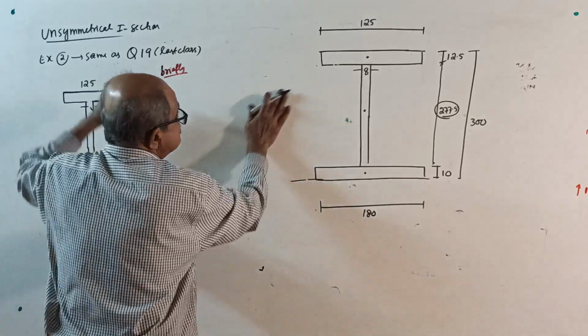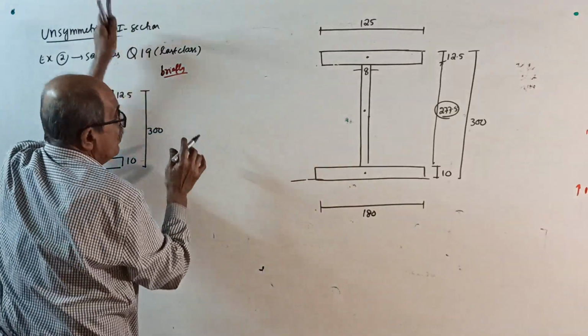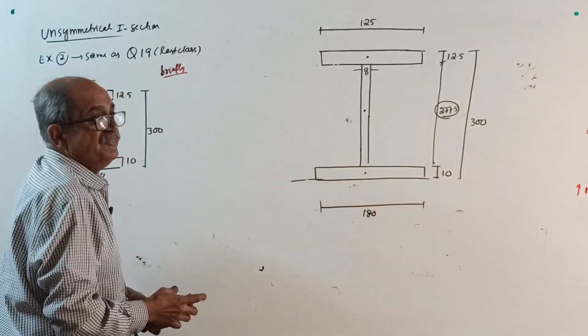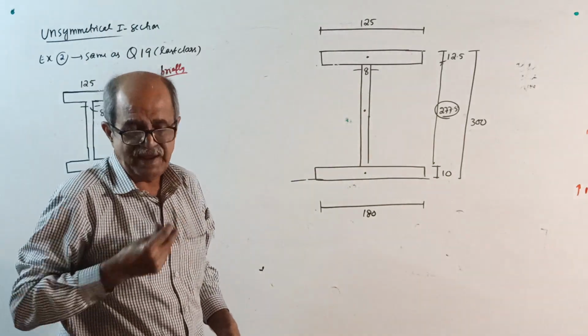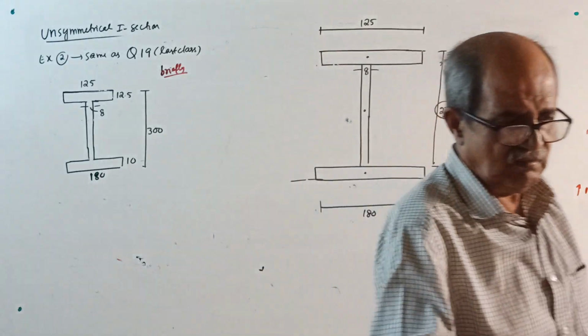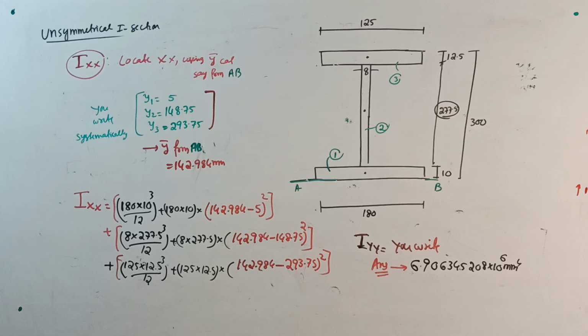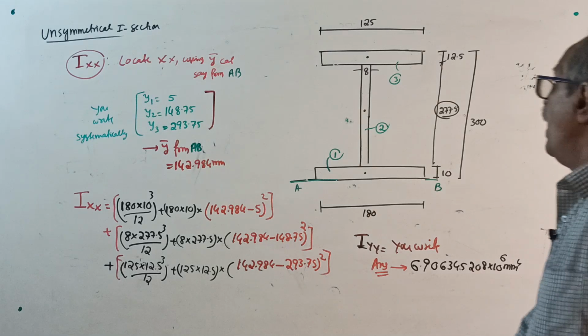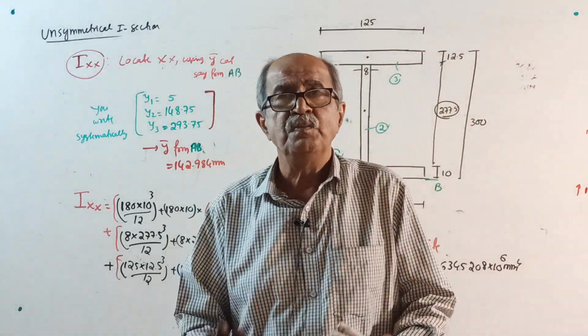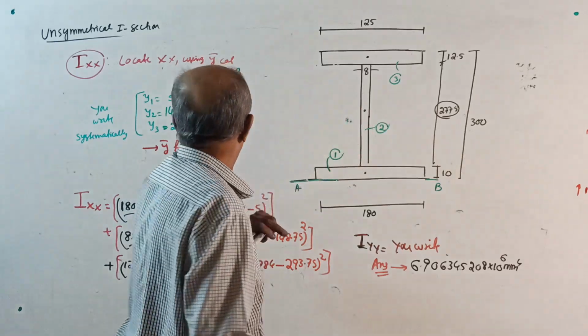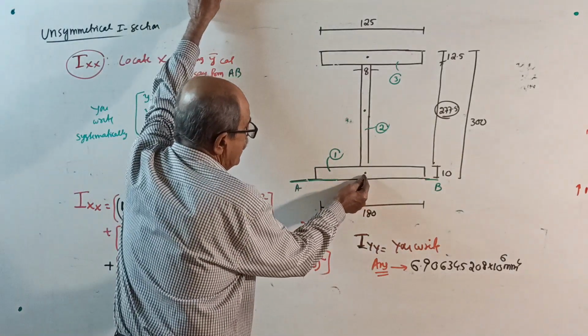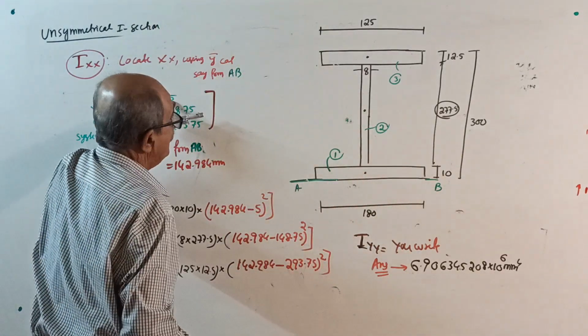Now, y bar I have not written down. Okay, I will do one thing. A little more I will write and then I will explain. I already told, briefly I am telling, see, sketch over. Start. Y1, half of 10, 5.